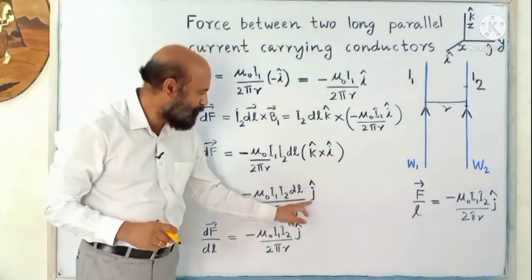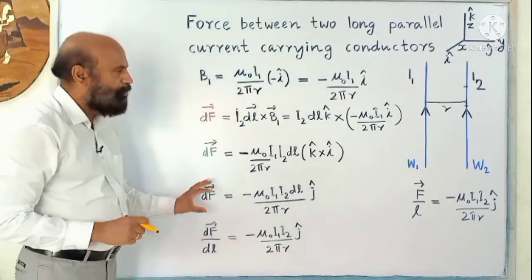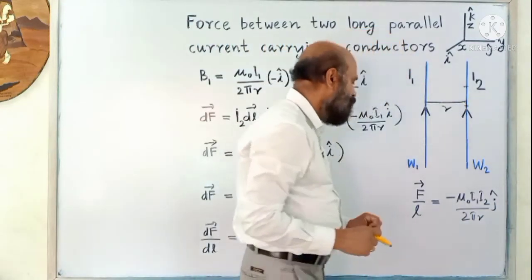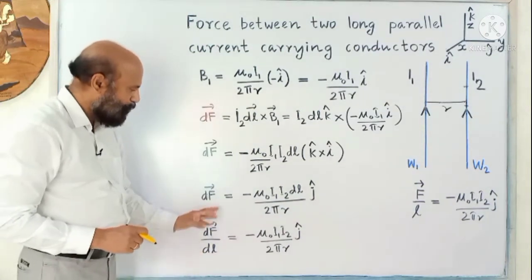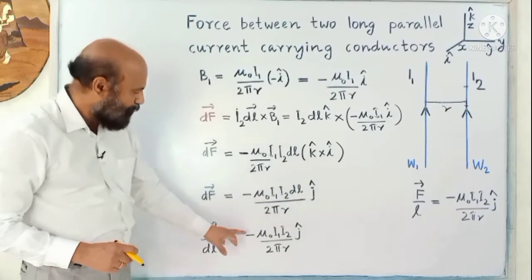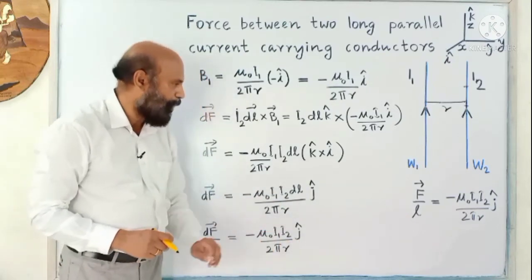So k cross i is j cap. Now you get the force experienced by this conductor by a small current element dl. You divide both sides by dl, or you bring the dl this side. So you will get minus mu 0 I1 I2 divided by 2 pi r j cap.